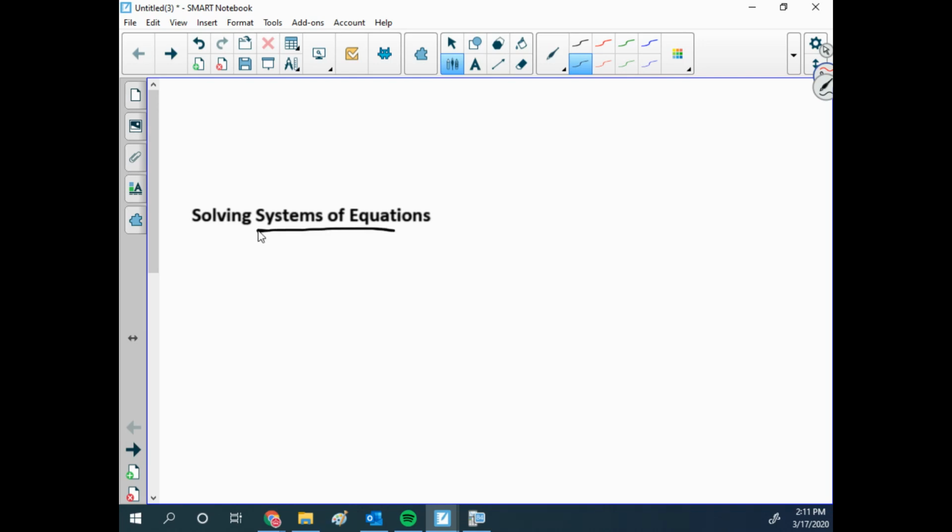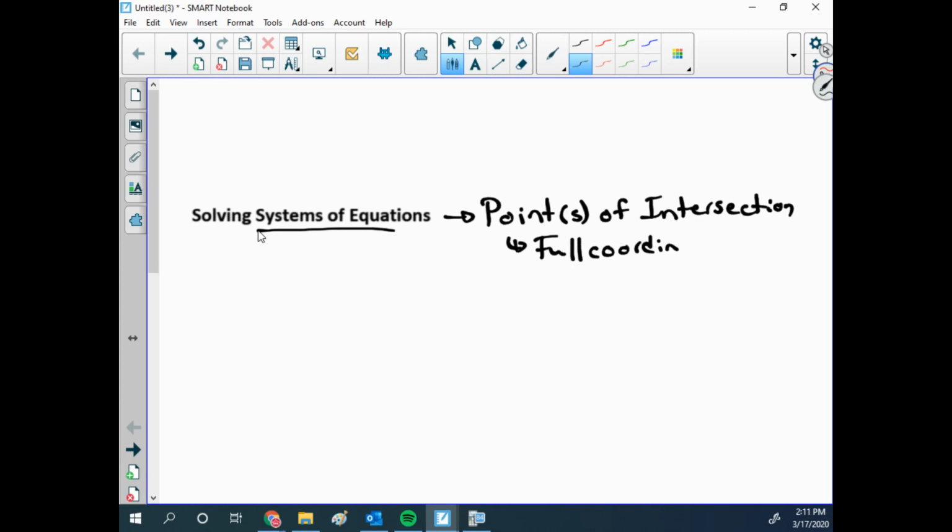Solving systems of equations means we are trying to find a point or points of intersection. Now we're trying to find the full coordinates of where two functions may intersect. And we looked at different types: linear-quadratic functions and quadratic functions.